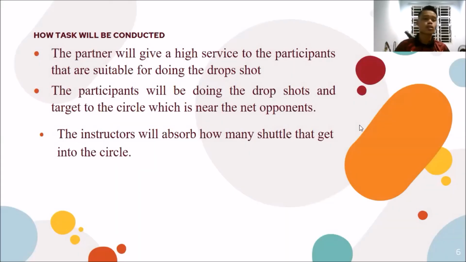The partner will give a high service to the participant that is suitable for doing the drop shot. The participant will hit the drop shot and target the circle which is near the opponent's net, and the instructor will observe how many shuttles get in the circle.